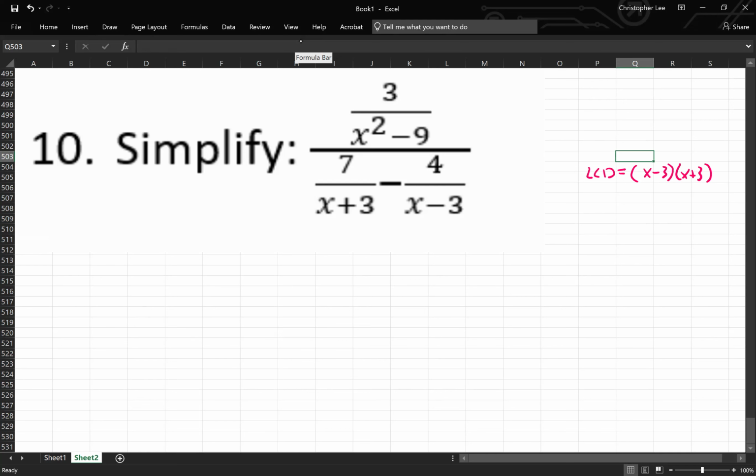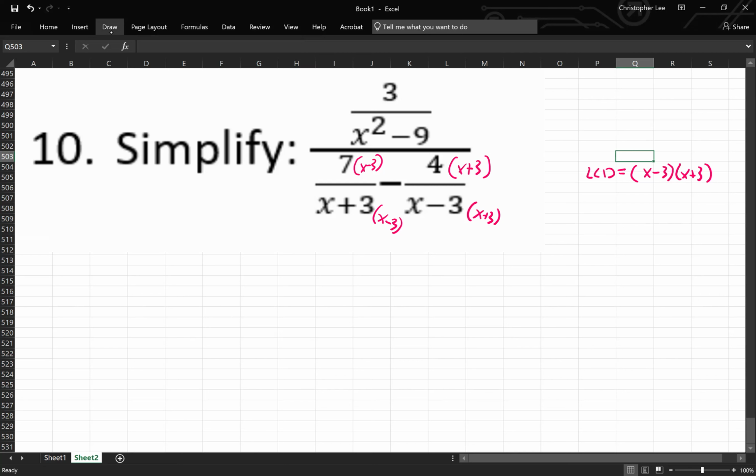So LCD would be x minus 3, x plus 3. So I'm going to multiply each one of these. I'm going to multiply the 7 one by x minus 3, but what I do to the bottom, I do to the top. I'm going to multiply the one with the 4, the x minus 3, by x plus 3. What I do to the bottom, I do to the top.